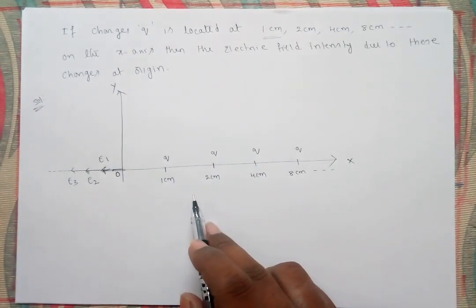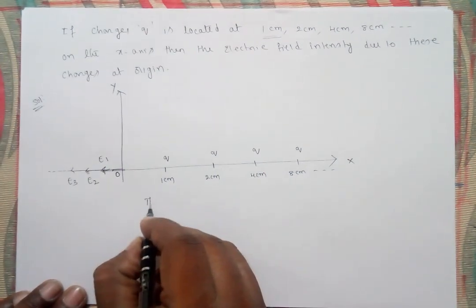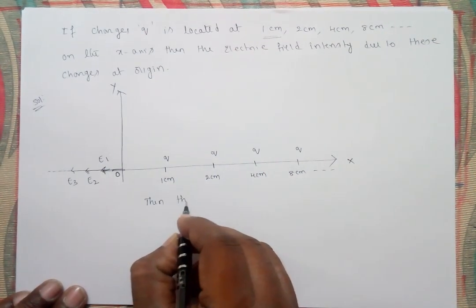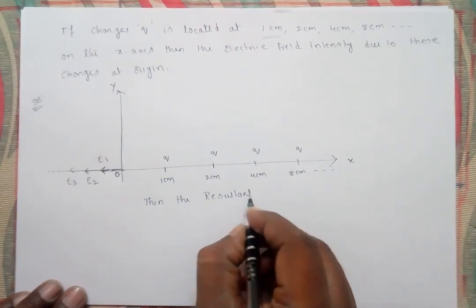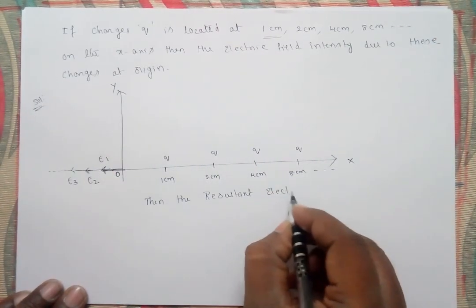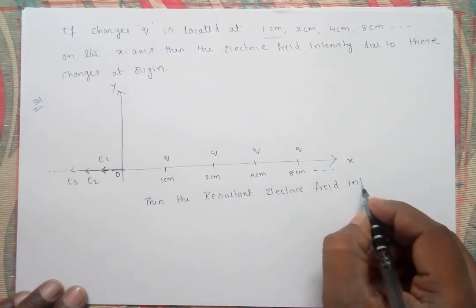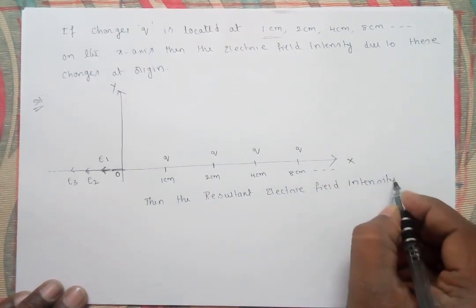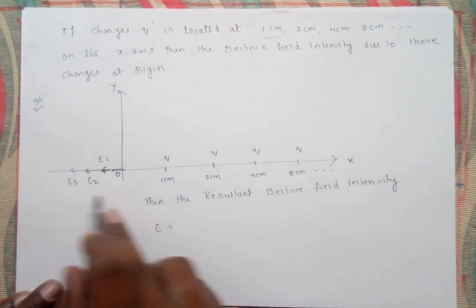Then the resultant electric field intensity E equals the sum of all these. What about E1 here?